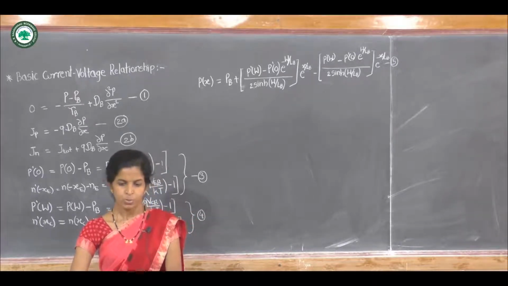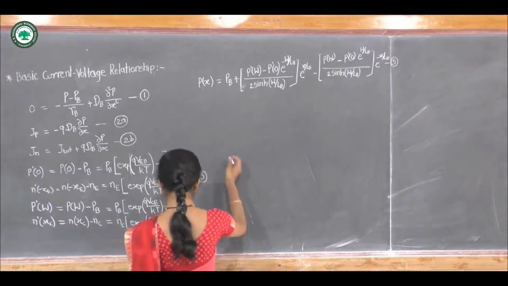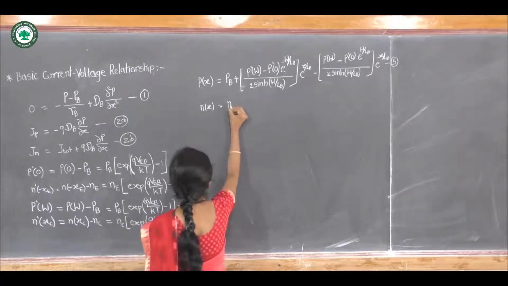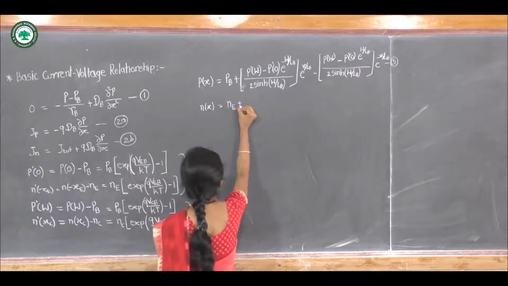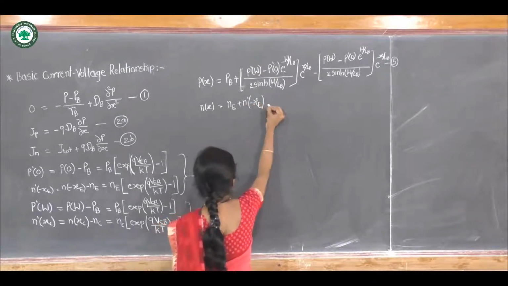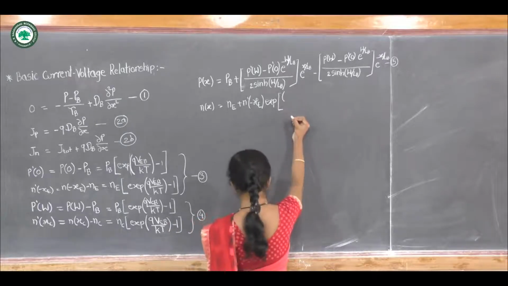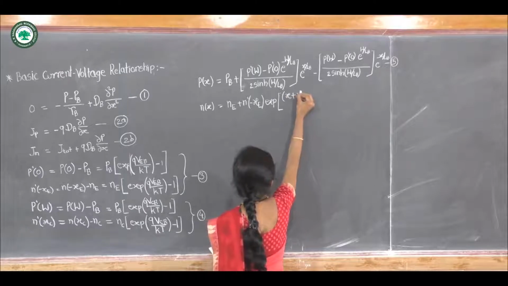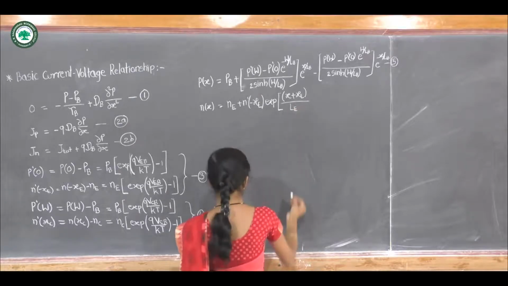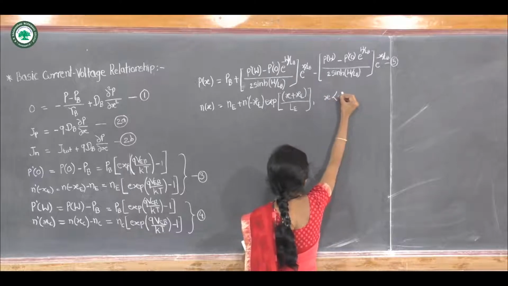Again, for the electron distribution, one may write n of x is equal to NE plus n dash of minus XE into exponential of (x plus XE) upon LE, for x less than minus XE.